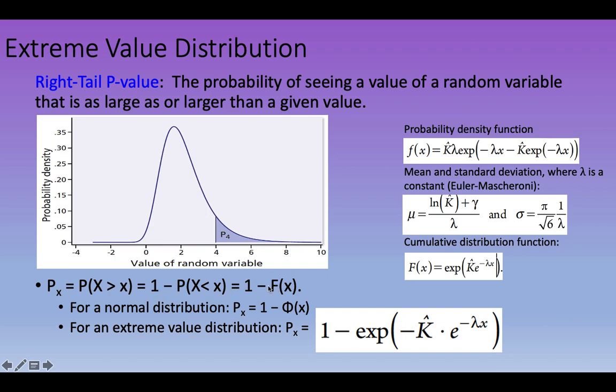In terms of these cumulative distributions, it just means that to calculate the probability of x being greater than a value, it's just 1 minus the cumulative distribution. For a normal distribution, that would look like this. For an extreme value distribution, since this is the cumulative distribution function, this is how I calculate that value. So this is how I calculate the probability that if I pull a random value, I would be in this right tail.